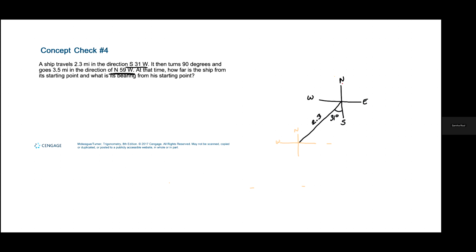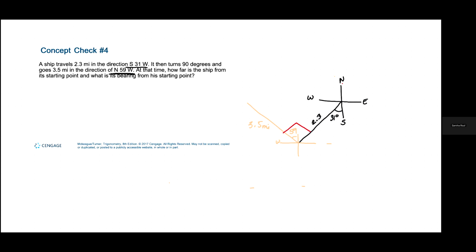Yeah, this angle right here is 59. And this is 3.5 miles. The other thing is that the total angle is 90 degrees.